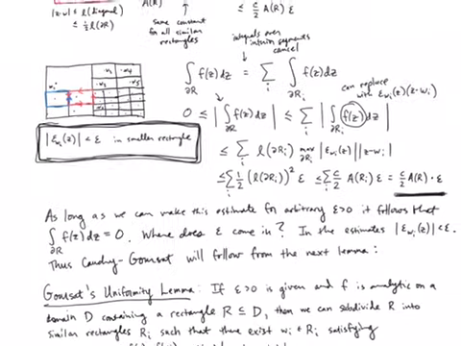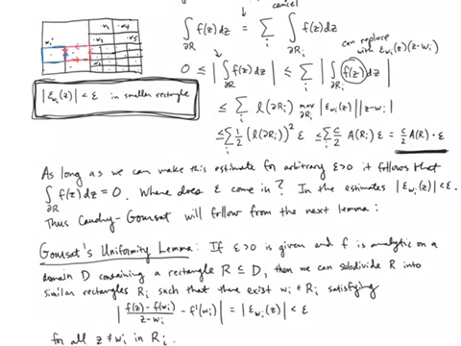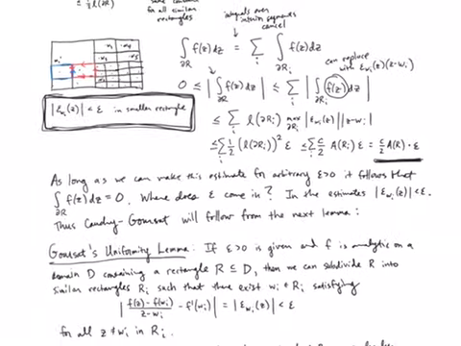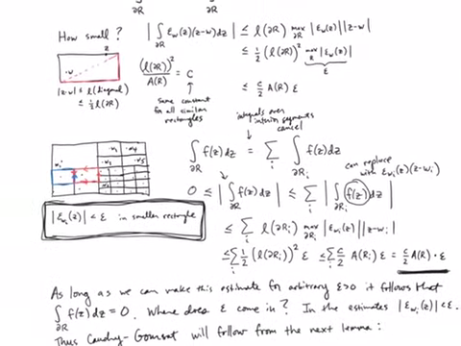And if all those errors are less than the same uniform epsilon, then we can estimate that our integral that we're interested in is no bigger than some constant times the area of our rectangle times epsilon. And since that epsilon was arbitrary, the magnitude of our integral has to be arbitrarily small, and therefore it must be 0. Okay, so that's the full argument.